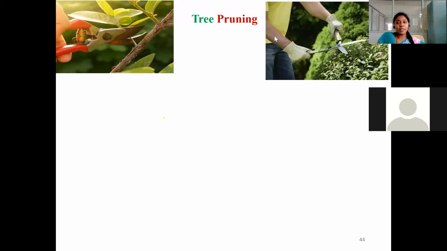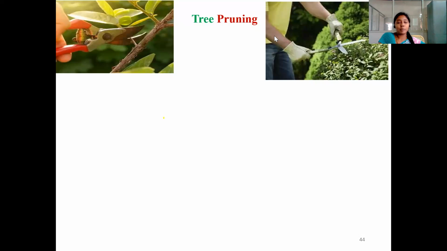Because of that, some unnecessary branches may be generated in the tree, which should be avoided. That process is known as tree pruning.